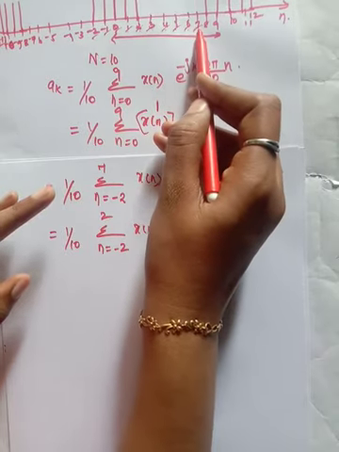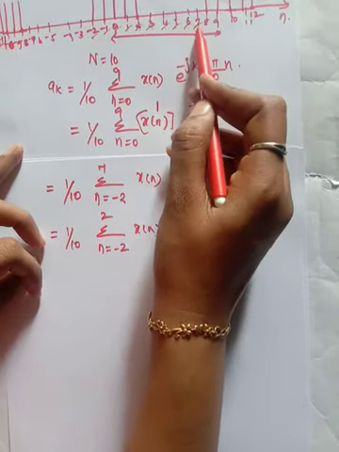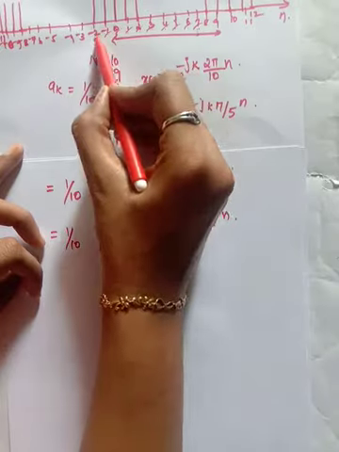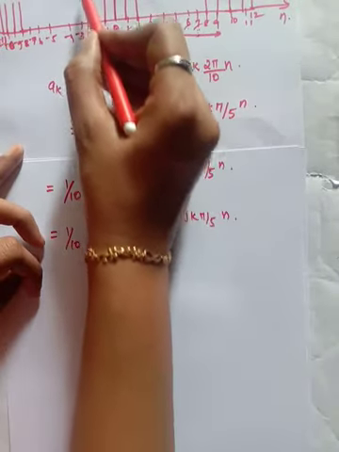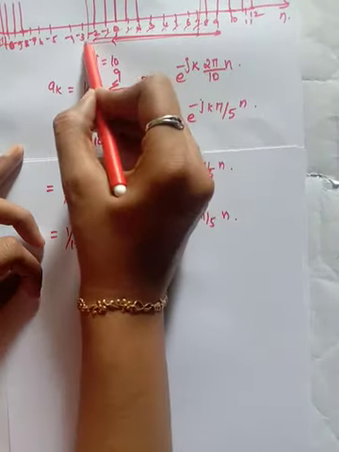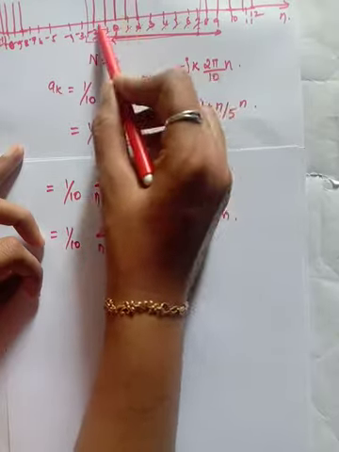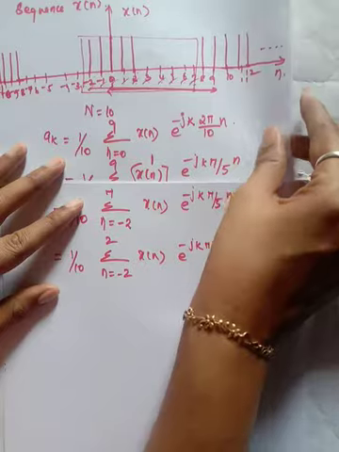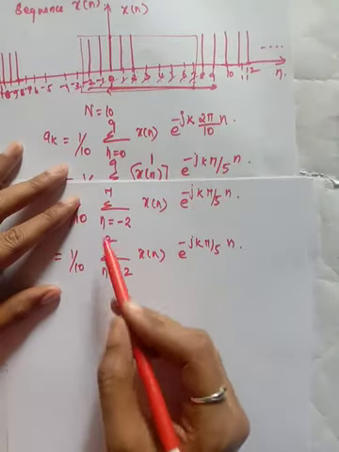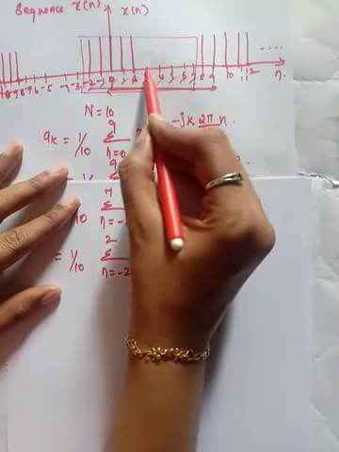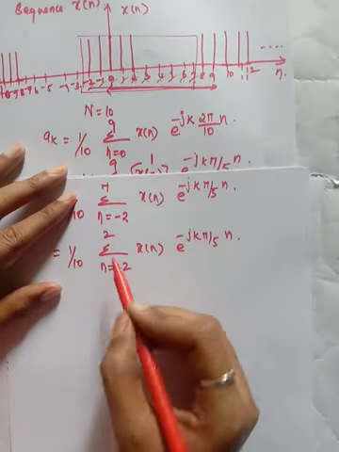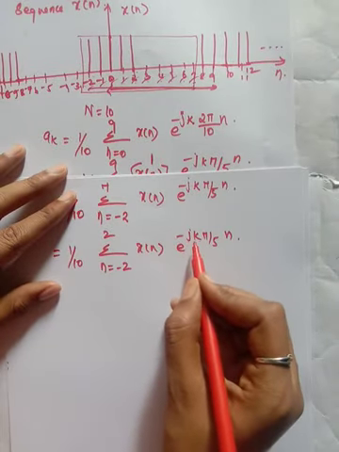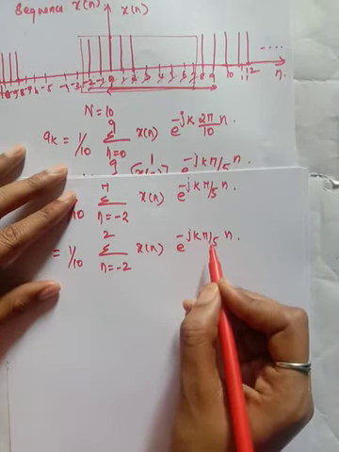So up to 7 I have, and in this range, this is the period I am going to consider. I have the values for -2 to 2, so I am writing this as -2 to 2 because the remaining values are 0. So -2 to 2 x of n e power minus j k pi by 5 n.